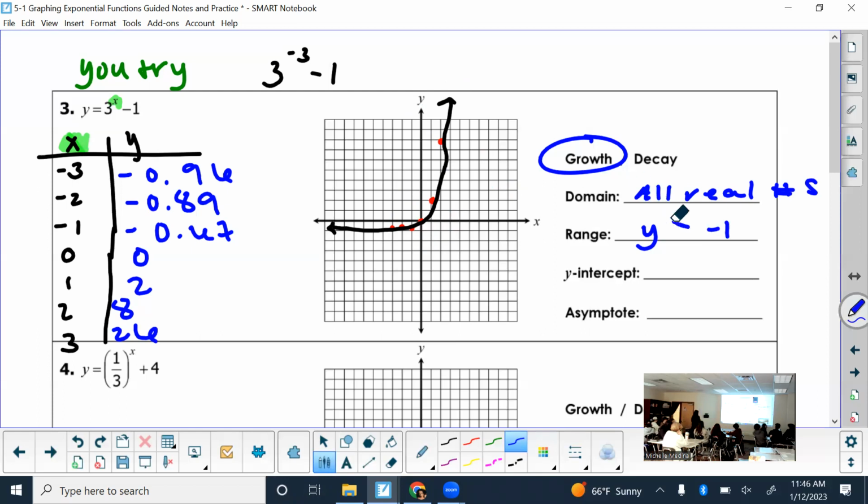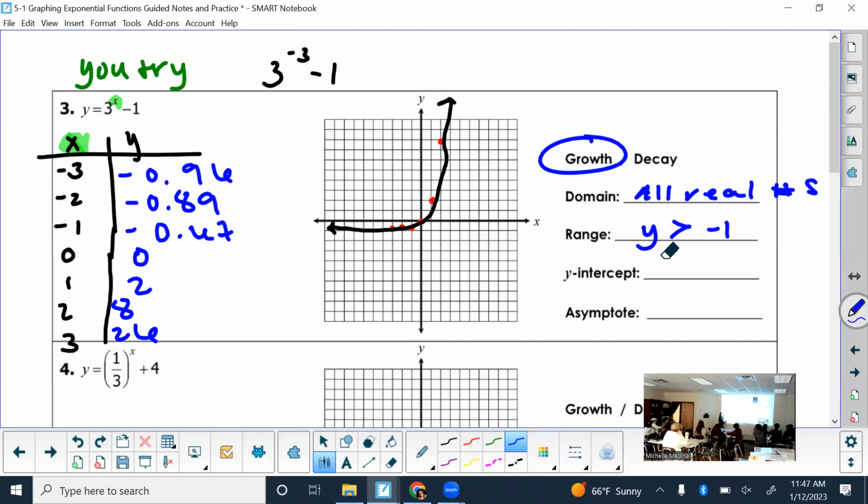Greater. Does it touch the -1? Does the line touch the -1? Or do these numbers touch the -1? No. So do not put a little line underneath, it's not equal to.